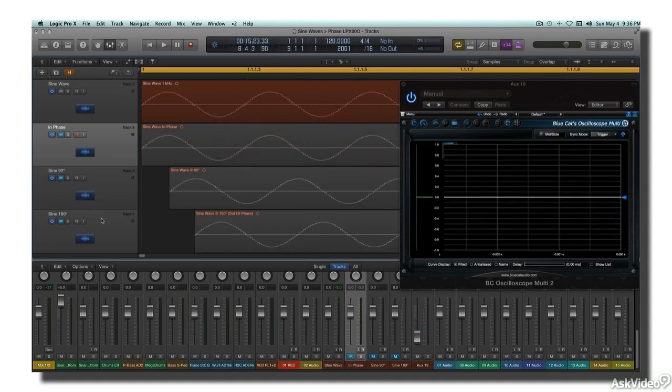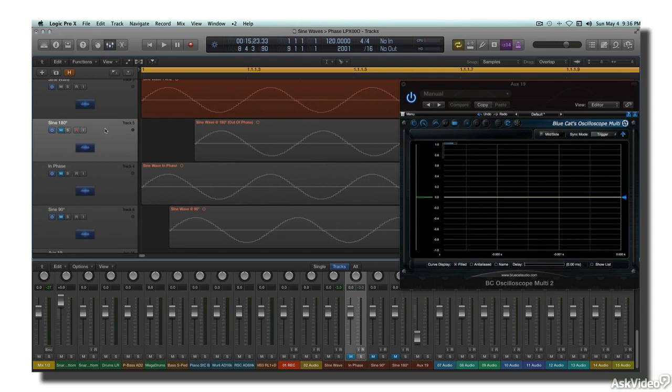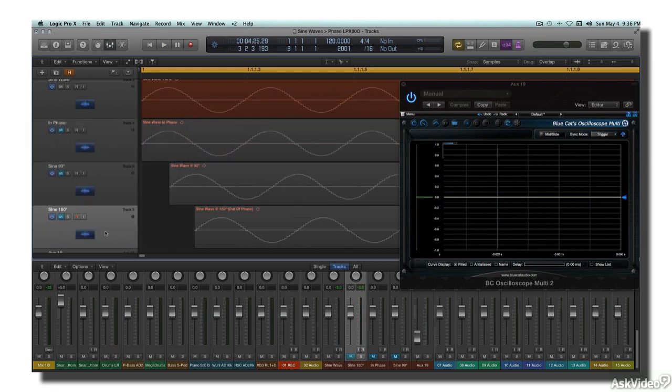If the delay is at 180 degrees, you get complete cancellation. In between, you get partial reinforcement or cancellation.